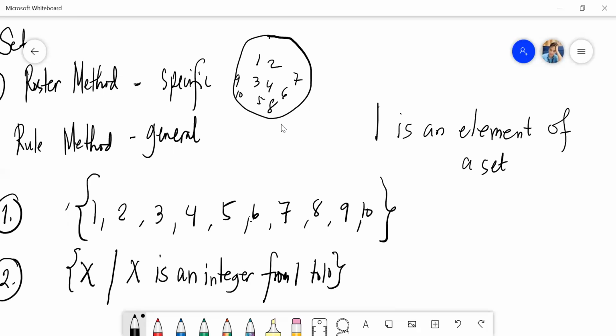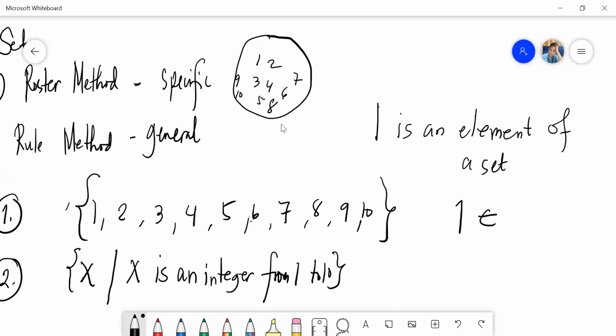Usually our sets will be denoted by capital letters. It might be a Greek symbol, depending on your choice, as long as you are able to identify it. Mostly, though not in general, elements of a set are represented by small letters. Now, for example, 1 is an element of a set.